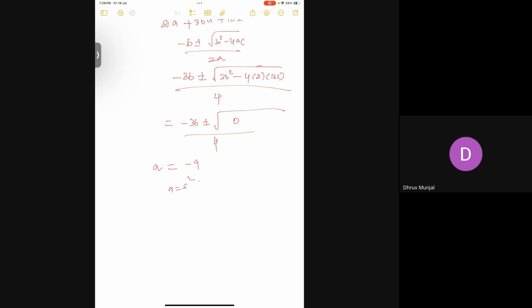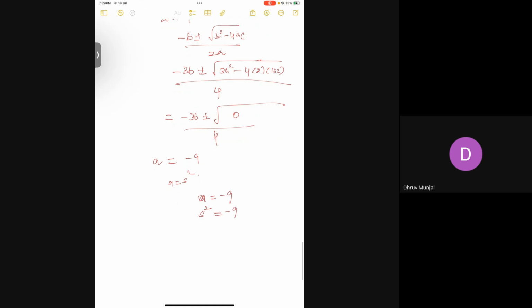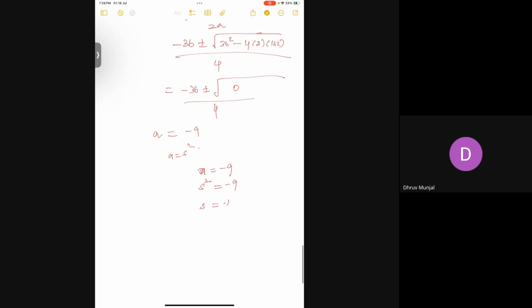So s square is equal to minus 9, so s is equal to root of minus 9. This will give you plus or minus 3i or 3j, whatever you want.